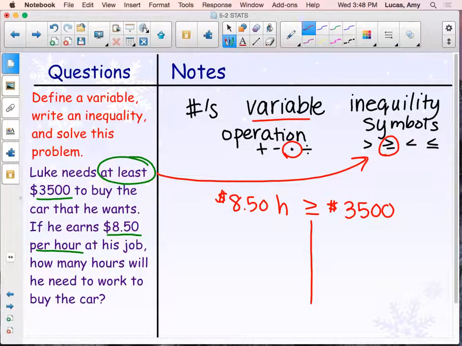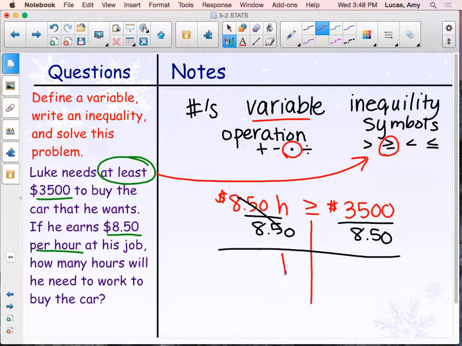Now, to solve this, we would need to divide by $8.50, and 3,500 divided by 850 comes out to 411.76, and then some more numbers after the decimal point.